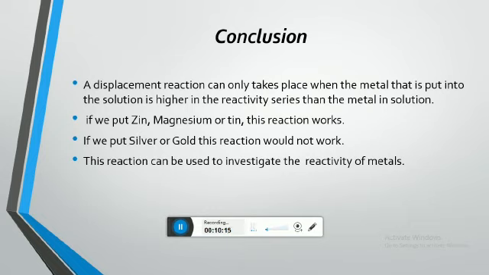And if we put silver or gold into the copper sulfate solution, the reaction will not occur because silver and gold are less reactive in the reactivity series. That's why the reaction wouldn't work.